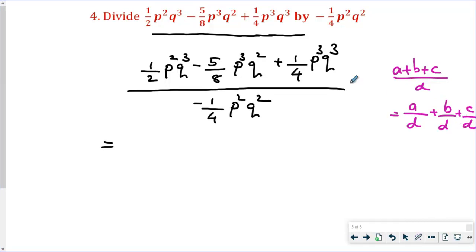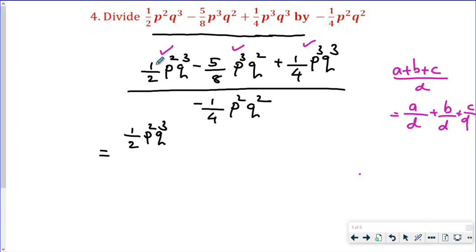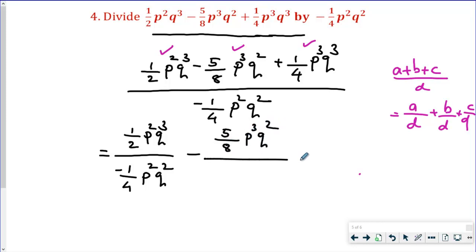Using this formula, first you can write here, the first term divided by the denominator, minus 1 by 4 p square q square. Now here it was minus, so you can write minus. The next term is 5 by 8 p cube q square divided by the denominator, 1 minus 1 by 4 p square q square.